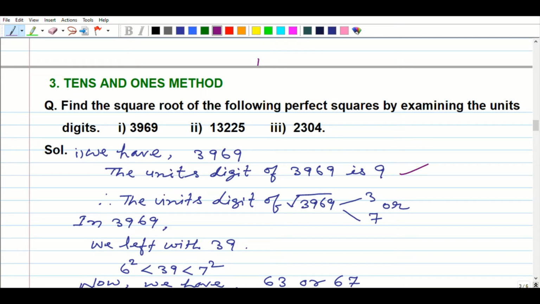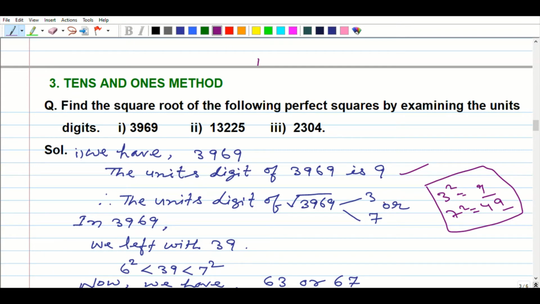The units digit of the root of 3969 will be 3 or 7, because 3 square equals 9 and 7 square equals 49. The unit place is 9 here also. So as in the data above I have given, we get the ones place digit, which is 3 or 7.